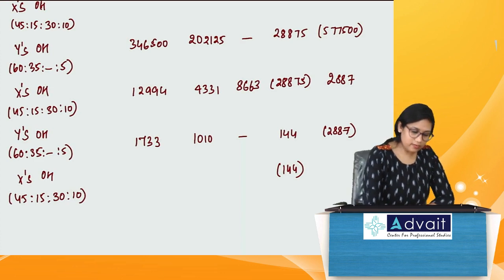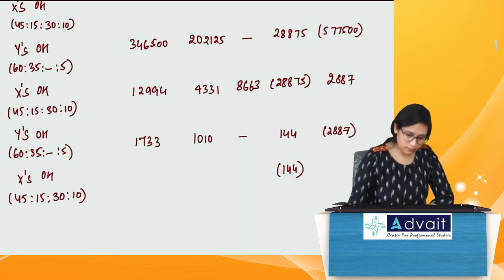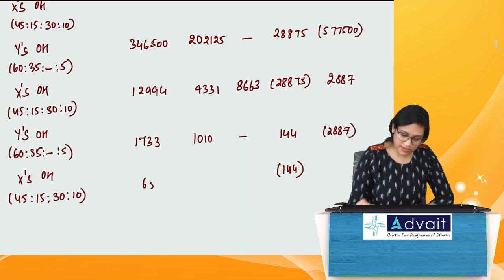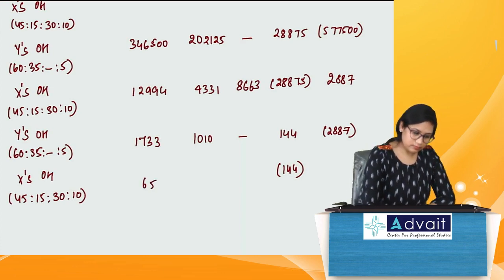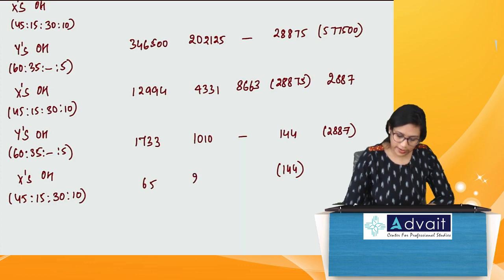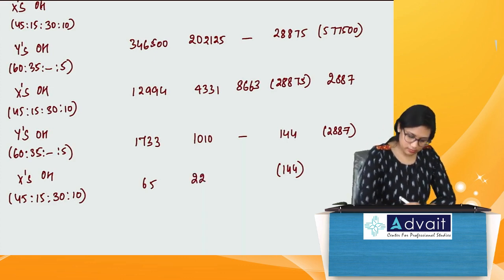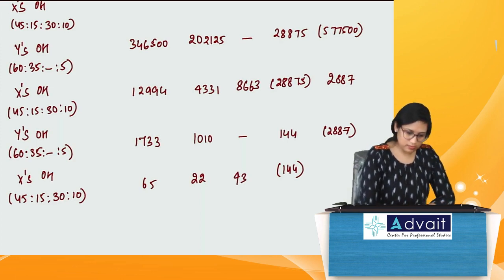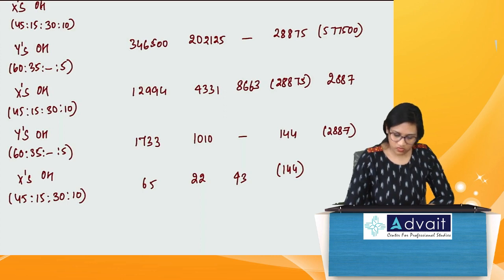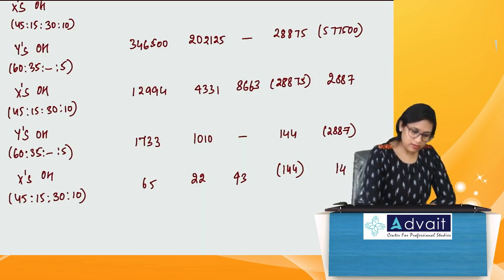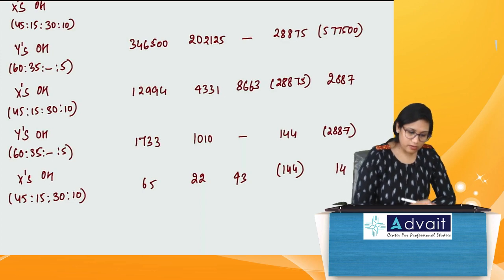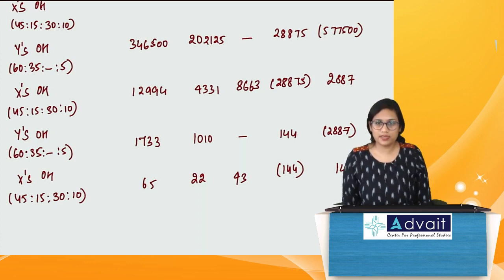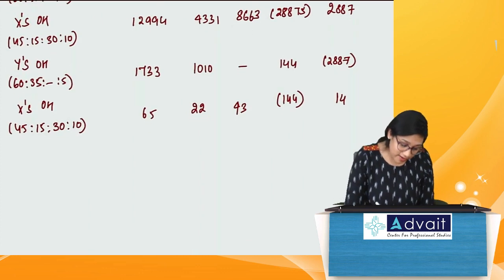So let's divide. 65 rupees here, 22 rupees here, 43 rupees here, 14 rupees here. Check if it is tallying. 14 plus 43 plus 22 plus 65 gives me 144. Yes, it is tallying.